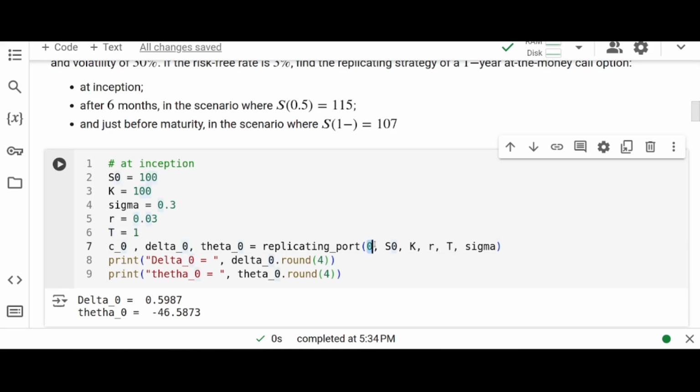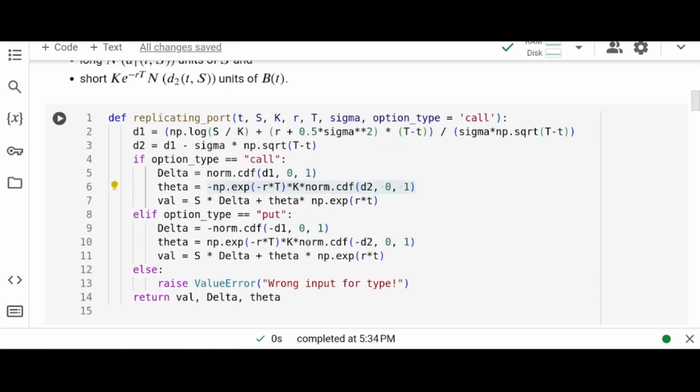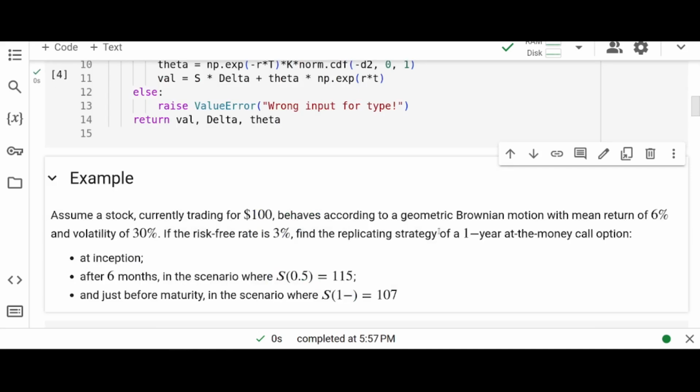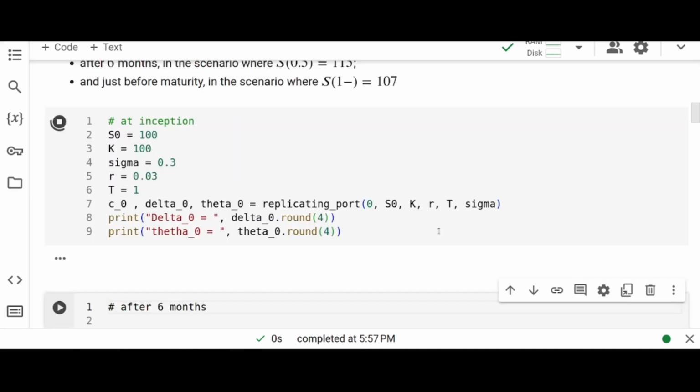So at inception, our t will be 0. The output will be the price of the call option, then delta at t equal to 0, and theta at t equal to 0. So if we execute this code, at inception you see we have this value.